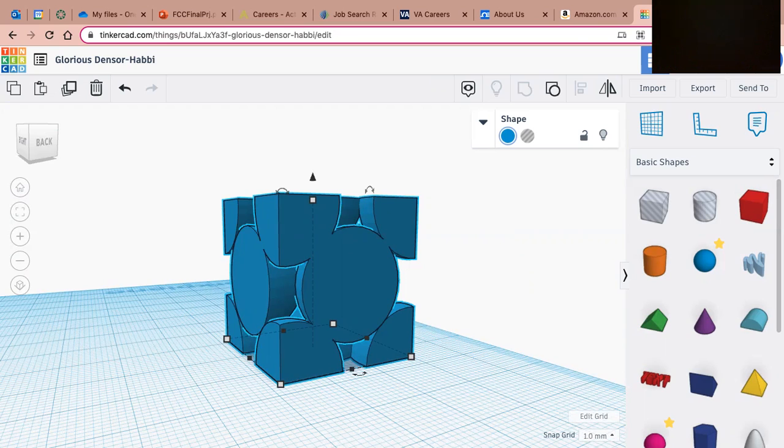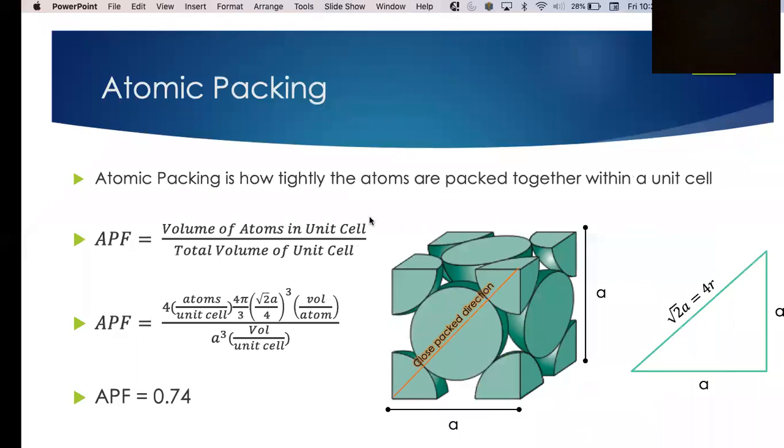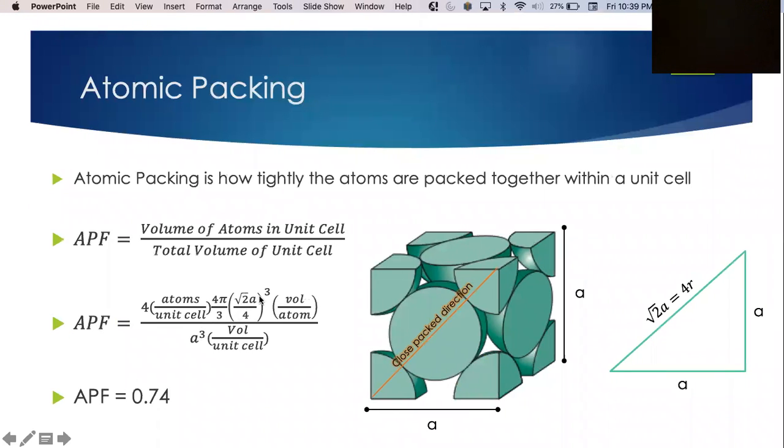And then we're going to multiply that by 4/3 pi r cubed in our equation here for the volume of a sphere, except we're going to replace r with what we found it to be equal to in terms of a. So that'll be square root of 2 times a over 4, and then we're going to cube all that.